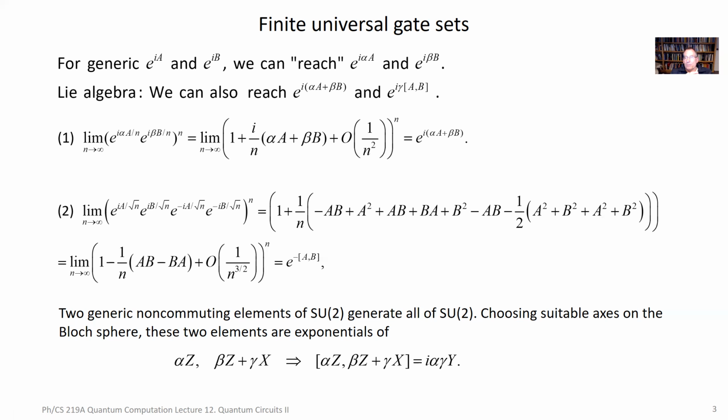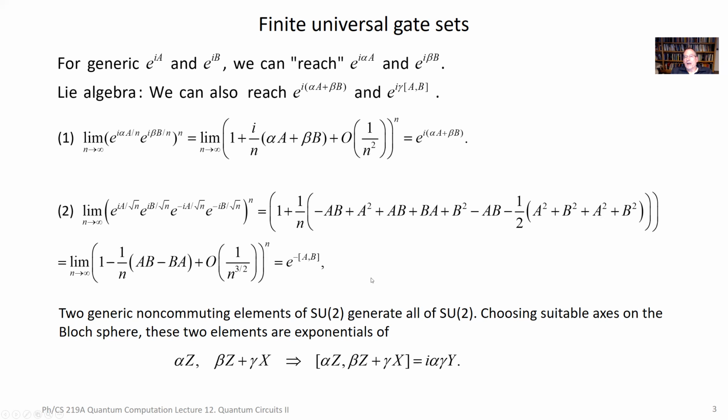We can come arbitrarily close to them. And then that will also be true of e to the minus the commutator of a and b. Remember, if a and b are both Hermitian, then their commutator is anti-Hermitian. In other words, I can write this as I times something that's Hermitian. So this is e to the I times a Hermitian operator, which is a unitary, as it must and should be.